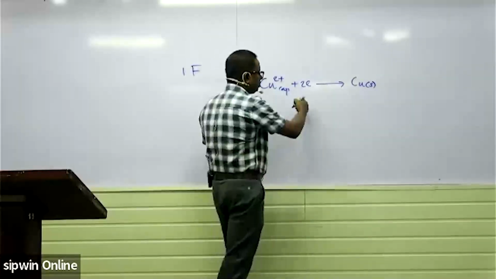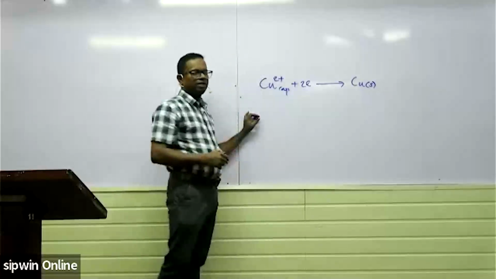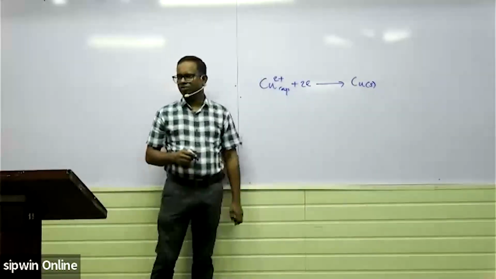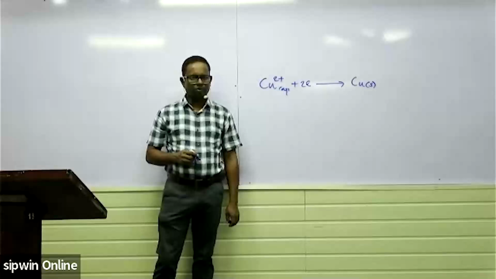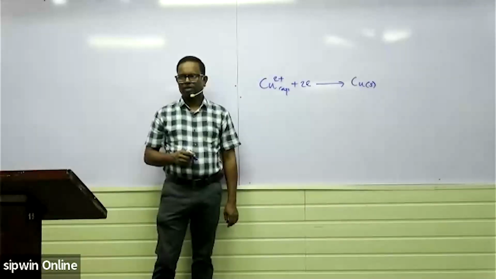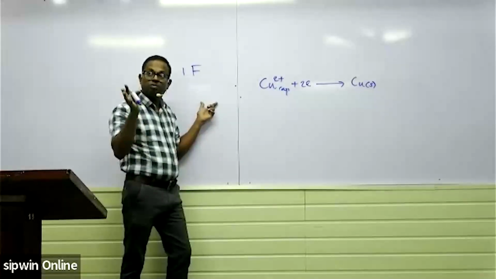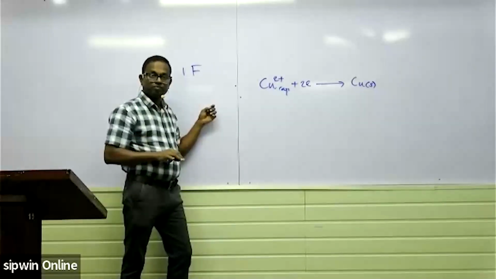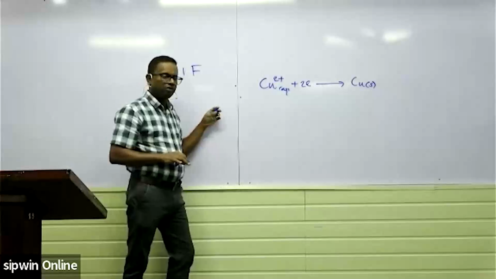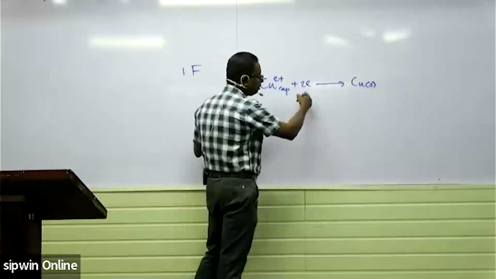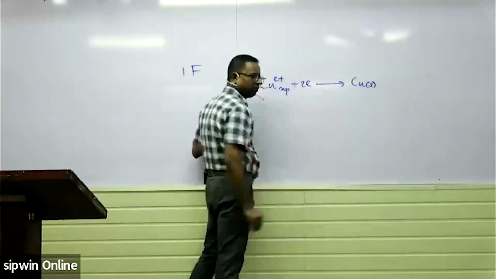Now, passing 1 Faraday means passing the charge of 1 mole of electrons. If I pass 2 moles of electrons, I can have 1 mole of copper.